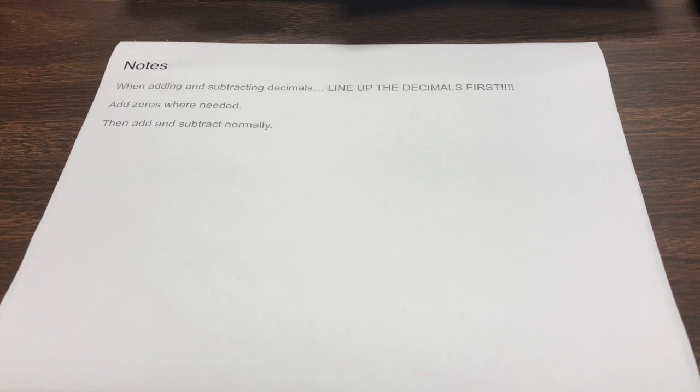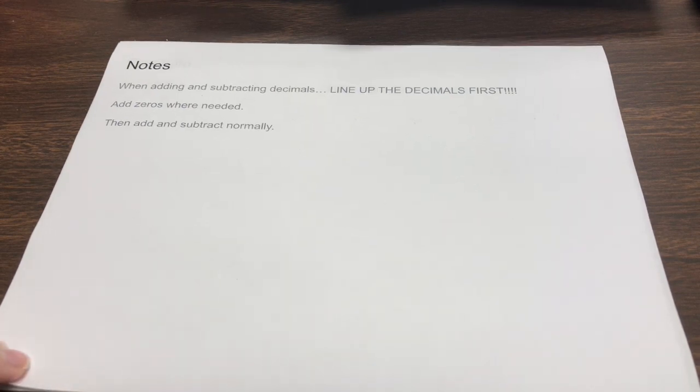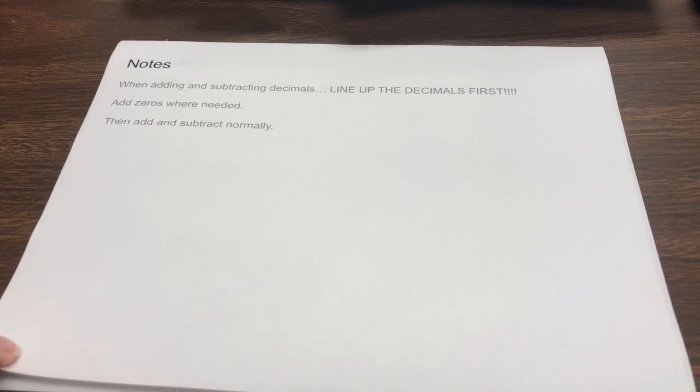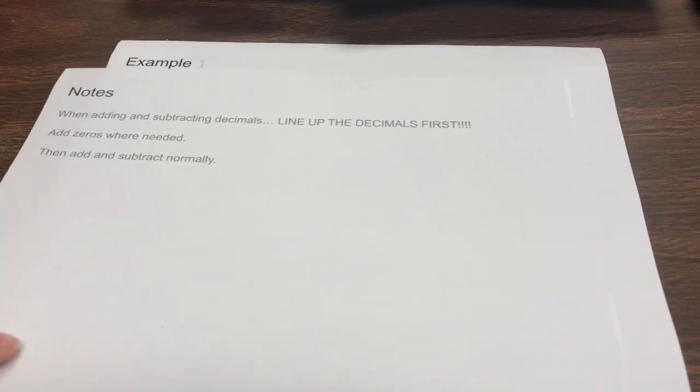So if you have more places in one number than the other, then you can add zeros to make them have the same places. A lot of my students like to do that, so it's less confusing for them. And then you just add and subtract normally. I'm not going to do a work mat today because I don't really have the manipulatives to go along with this. So we're just going to get started into the examples.